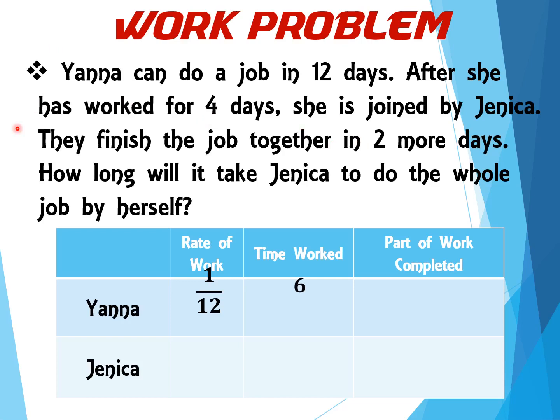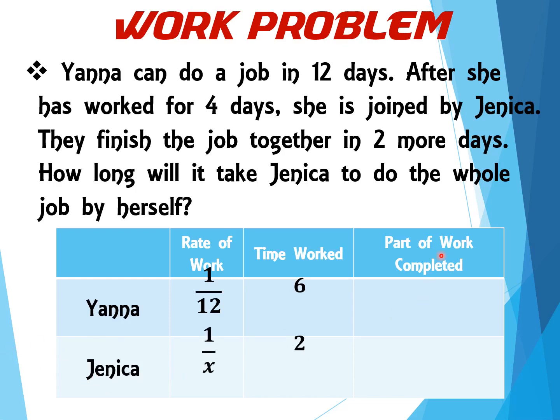While Jenica only worked for 2 days before they completed the job. So the question is, how long will it take Jenica to do the whole job by herself? So Jenica's rate is unknown, so we will represent this one as 1 over x.